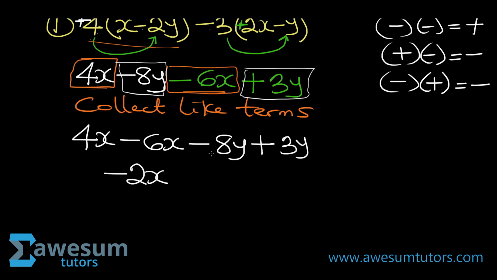Minus 8y plus 3y is going to give you negative 5y. So our final answer is going to be negative 2x minus 5y. There is nothing we can do anymore, because these are unlike terms now, so they cannot be simplified any further.